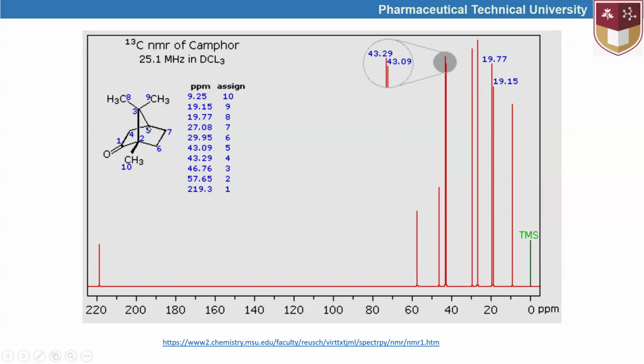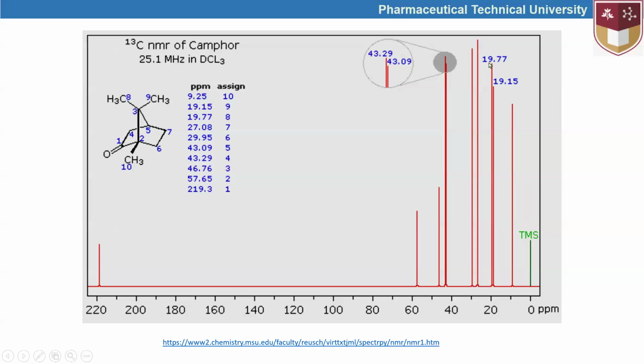This 5 has a linkage with this carbon, with this carbon, and with this carbon. And this 4 carbon has the linkage with this carbon, and with this carbon, which is a part of a carbonyl group, which has a double bond with oxygen.